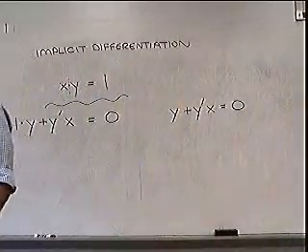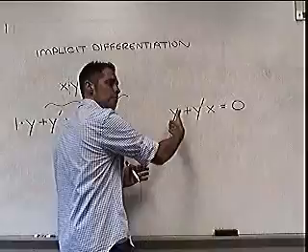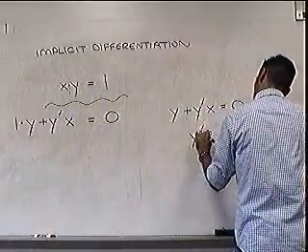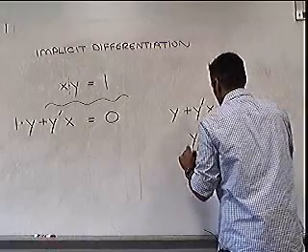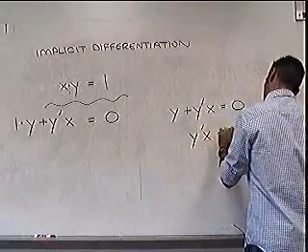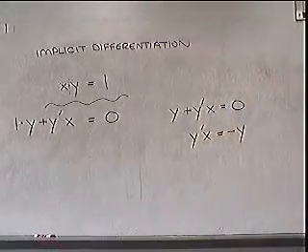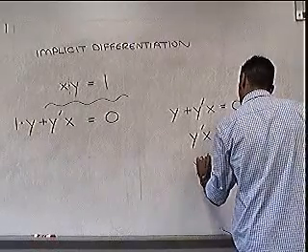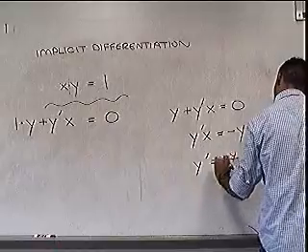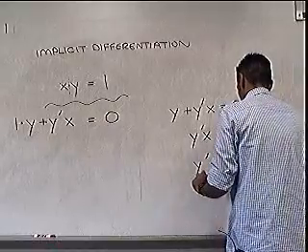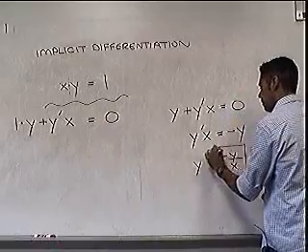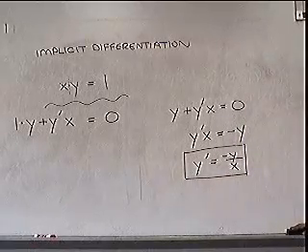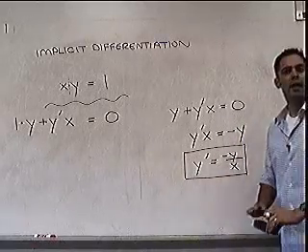So I could move that y to the other side of the equation by subtracting it. And then divide by x. That's your derivative. Your derivative is negative y over x.